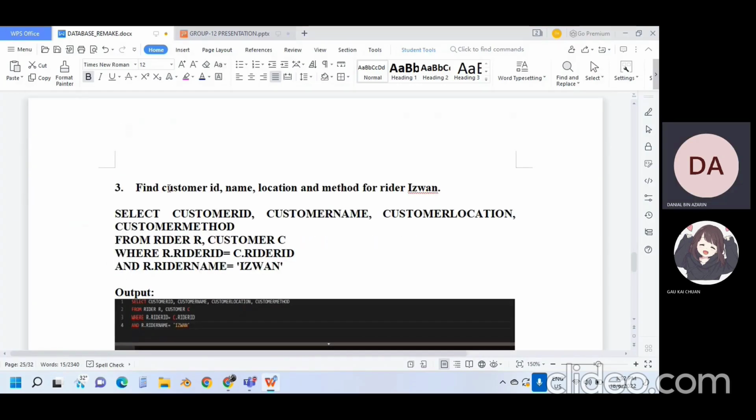Next is to find the customer ID, name, location, and method for rider Izwan. The syntax will be select customer ID, customer name, customer location, customer method from rider R, customer C, where R.rider ID equals to C.rider ID and R.rider name is Izwan.